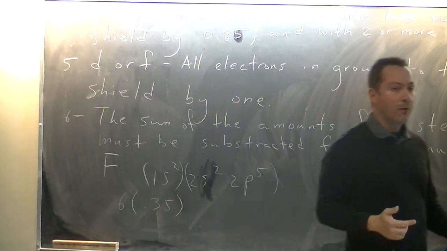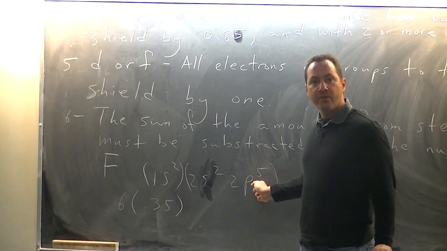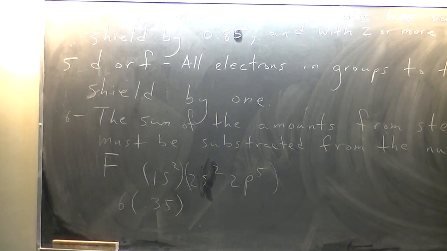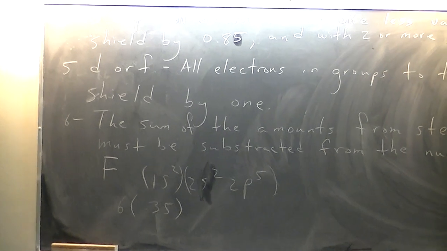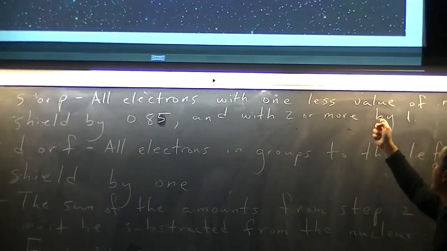So, of course, the electron that we are analyzing is in an S or P orbital. So what did we say about electrons in an S or P orbital? Those with a value of n one less will shield by 0.85, and those with n two or more less by 1.